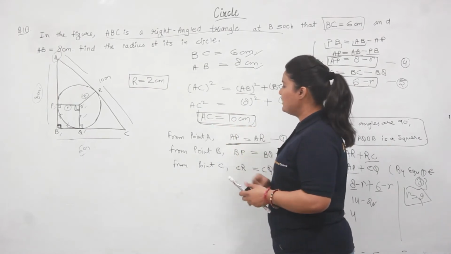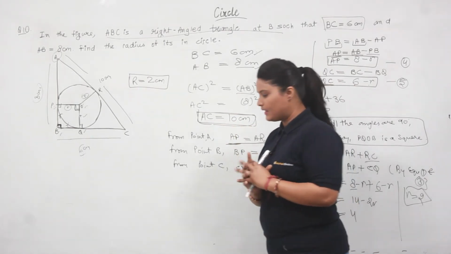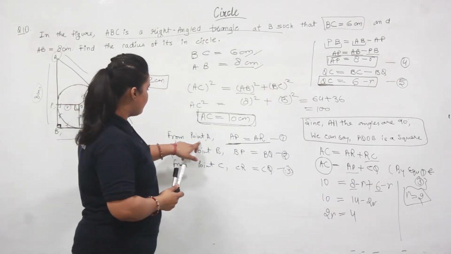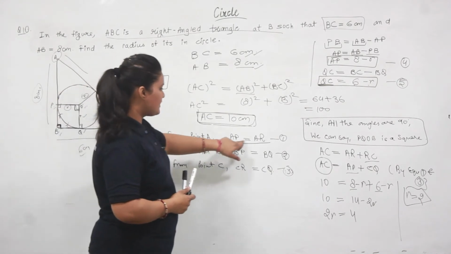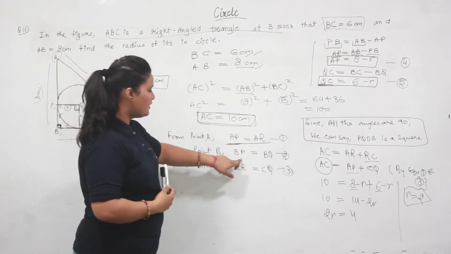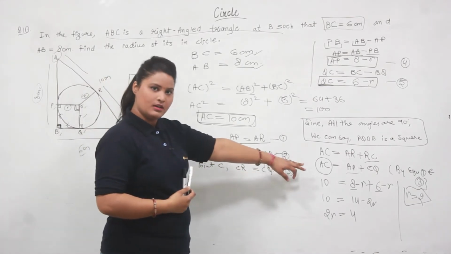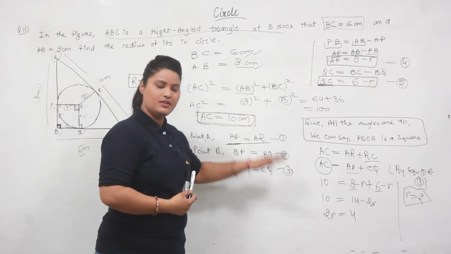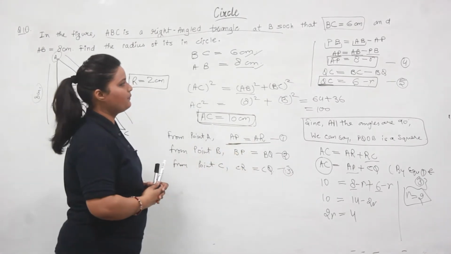Length of the third side AC will be 10 centimeter. First part. Second part, there are tangents. From point A, there are two tangents AP and AR which will be equal, equation 1. From point B, there will be PB and BQ, equation 2. And from point C, CR and CQ, third, means these tangents are equal to each other.